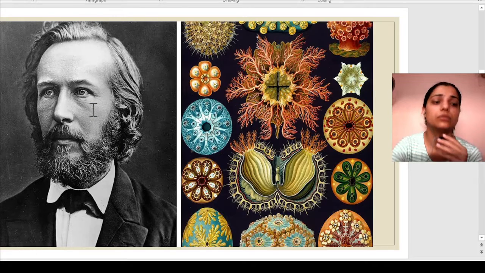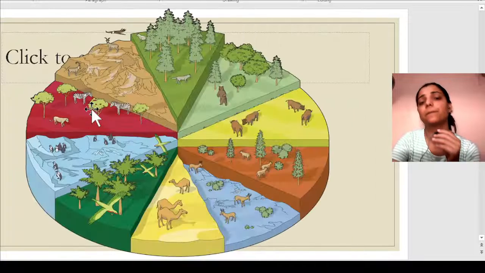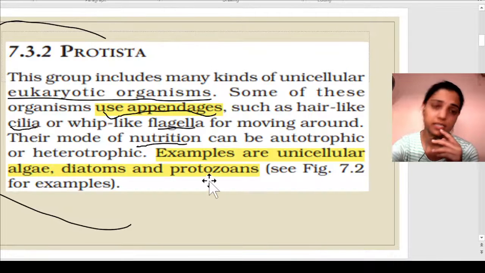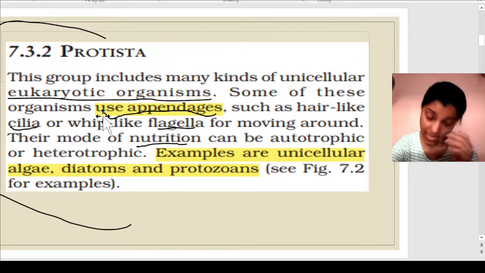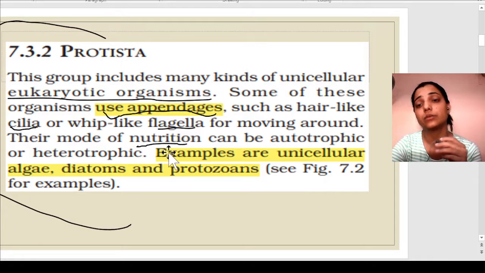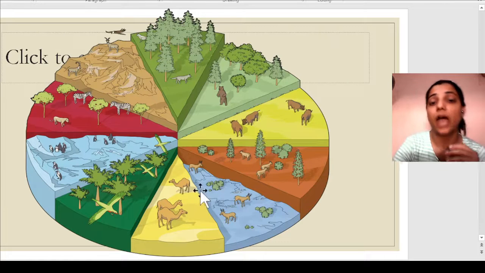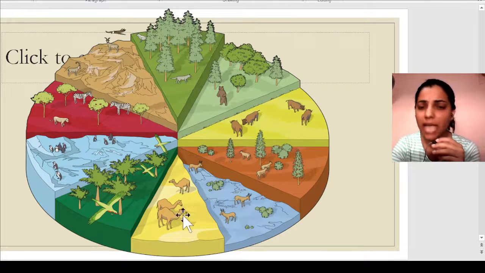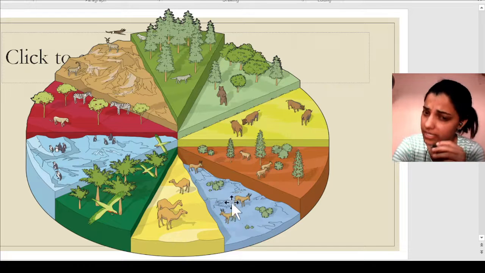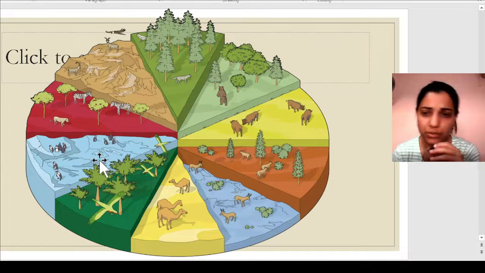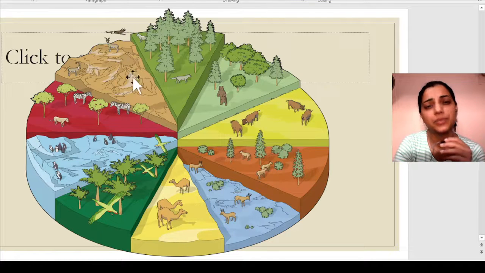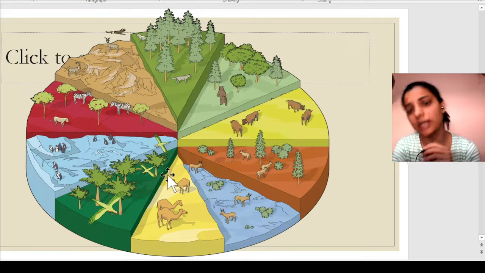Now we'll talk about where we could find them. As you can see in this picture, you can see a lot of habitats, isn't it? The snow animals are there, the forest animals are there, some birds are there, and some water animals are also there.